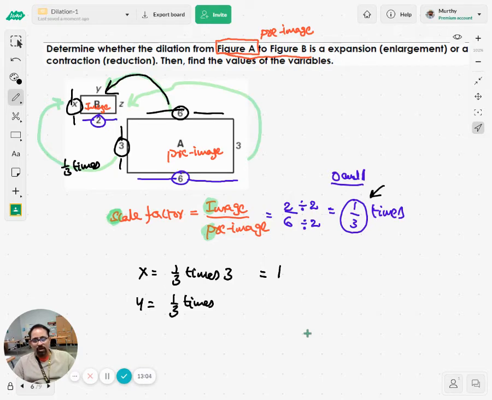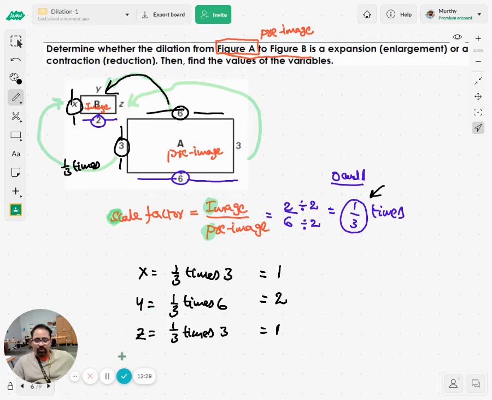So 1/3 of 6 gives me 2. Make use of a calculator. x and z are the opposite sides of a rectangle, so they're equal, or else you can compute z equals 1/3 times 3. That gives me 1.